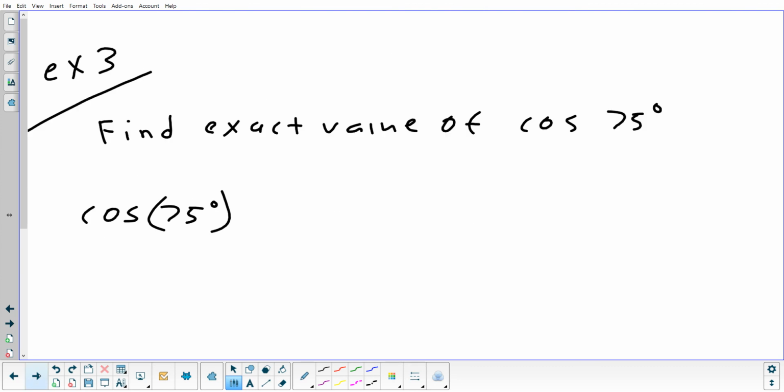All right, so let's try an example. So now we could do cosine 75. You technically could have done cosine 75 without the formula for a sum. To me though, a sum comes to mind naturally with 75 versus a difference. We'll talk about a difference in a second. But let's see if we can do this as a sum.